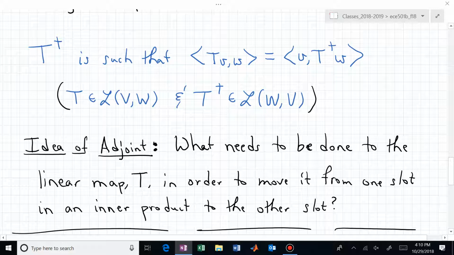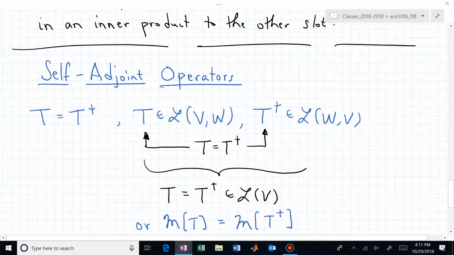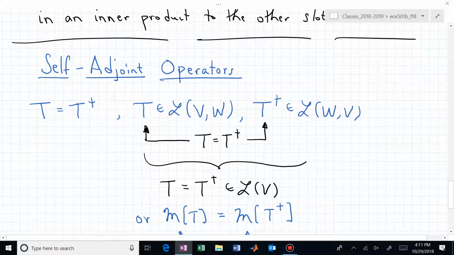That's how we've defined this adjoint operator, T dagger.